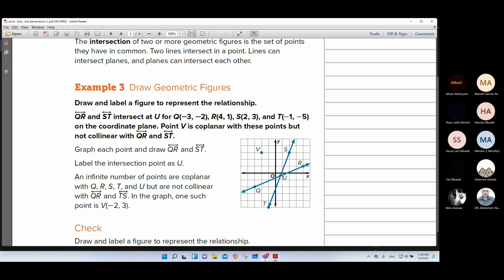This is the meaning of intersecting. So this line and this line are intersecting because we have this point, a common point between the 2 lines.